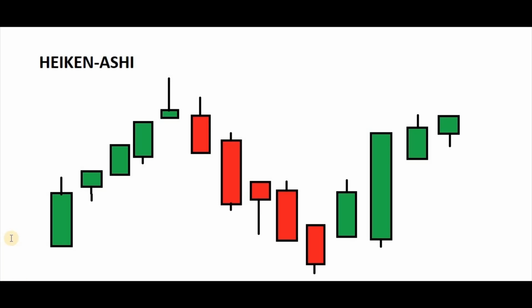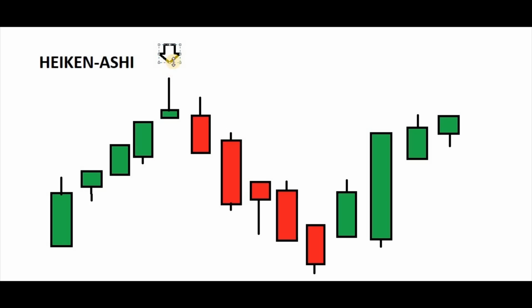Talking about the Heikin-Ashi chart, it can show us where the trend might go. For example, the top moving pattern here. You can see whether the trend is going up or down, and the indication of the trend can be done based on a few things.